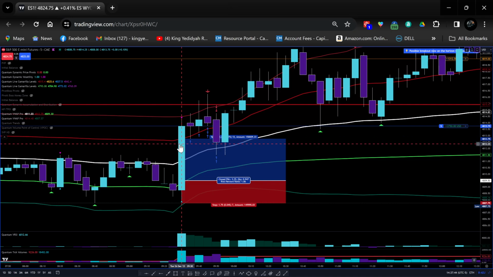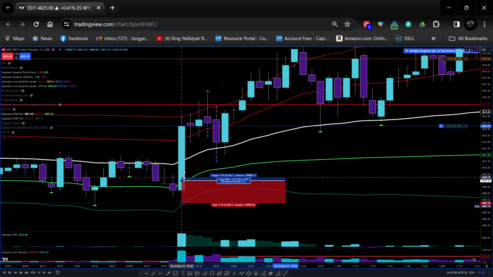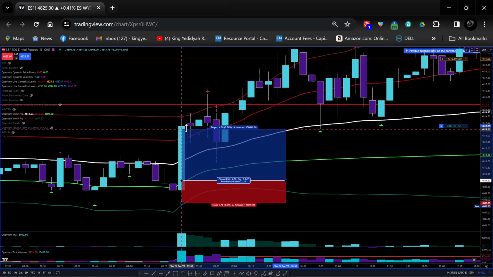So looking at this here, you're pushing up, you're in the buy right now. Let's say you took that buy, you're pushing up. When you break this first upper deviation band, you're going to run into this second deviation band.